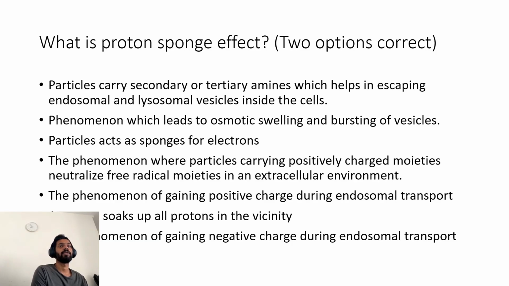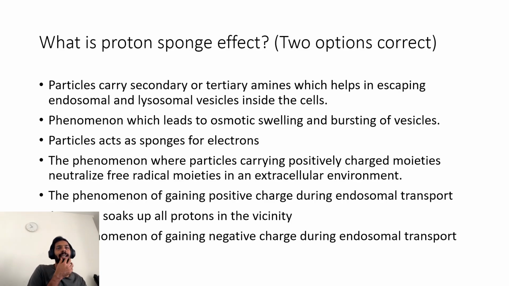Or is it the phenomenon where particles carrying positively charged moieties neutralize free radical moieties in an extracellular environment? Or is it the phenomenon of gaining positive charge during endosomal transport? Or is it just a sponge that soaks up all proteins in the vicinity? Or is it the phenomenon of gaining negative charge during endosomal transport?